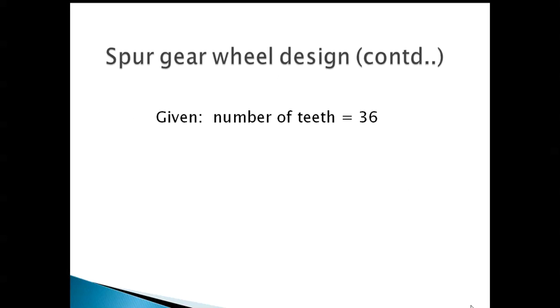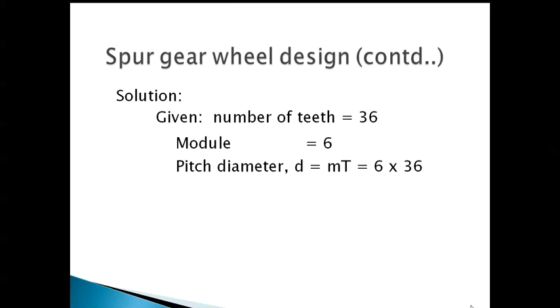So here the number of teeth is given as 36, and the module is 6. Pitch diameter is the pitch circle diameter.